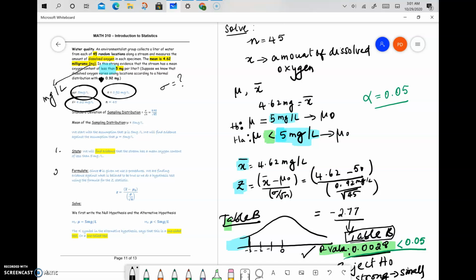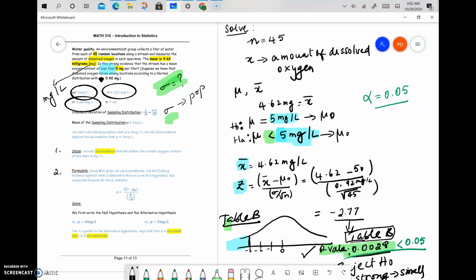The second step is formulate. In the formulate part, we need to think about which process we are going to use in order to solve this problem. And the most important thing that we need to check and be careful about when we're reading a question is, is sigma given or not? And remember what sigma is. Sigma is the population standard deviation.